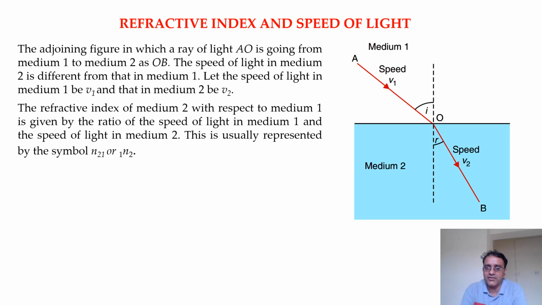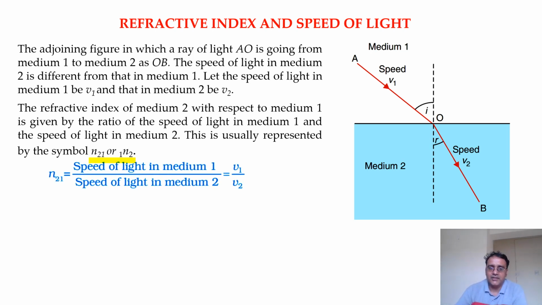The refractive index of medium 2 with respect to medium 1 is given by the ratio of the speed of light in medium 1 and the speed of light in medium 2, and it is usually represented by the symbol n21, or we can write in this way also. So इन दोनों में से कोई भी तरीके से हम लोग लिख सकते हैं. Okay, so n21 कितना हो जाएगा फिर? Speed of light in medium 1 upon speed of light in medium 2, that is v1 upon v2.